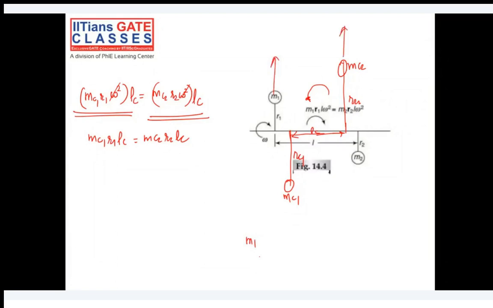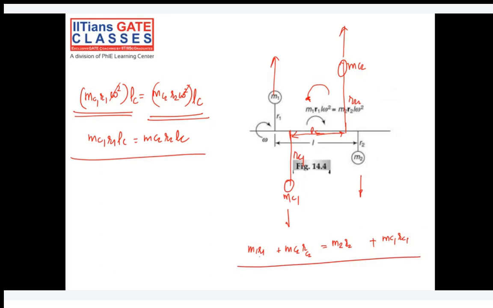So first of all, we have M1 R1 omega square plus MC2 RC2 omega square, and M2 R2 omega square in the downward direction, equal to MC1 RC1 omega square. If you cancel omega square from all the terms, this is the requirement of static balancing, and this is the requirement of dynamic balancing.